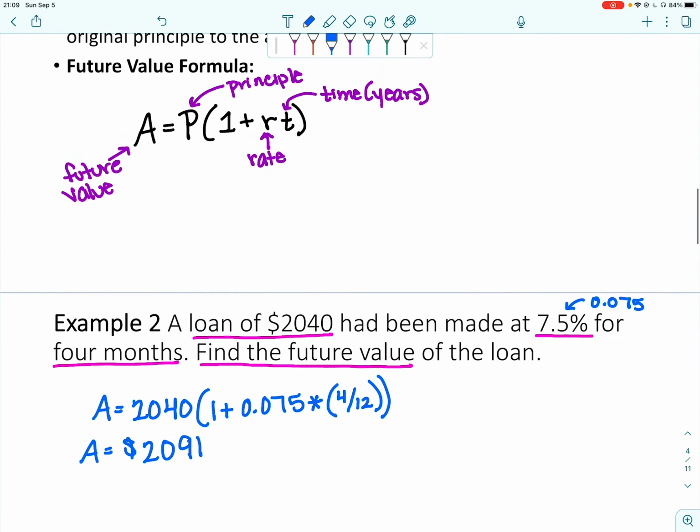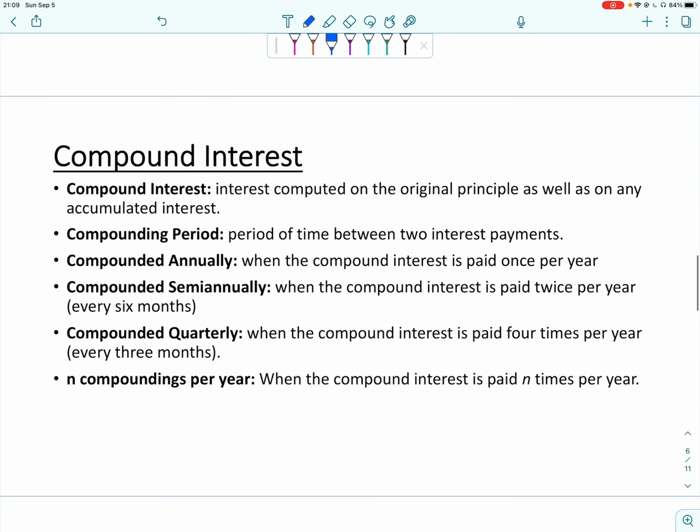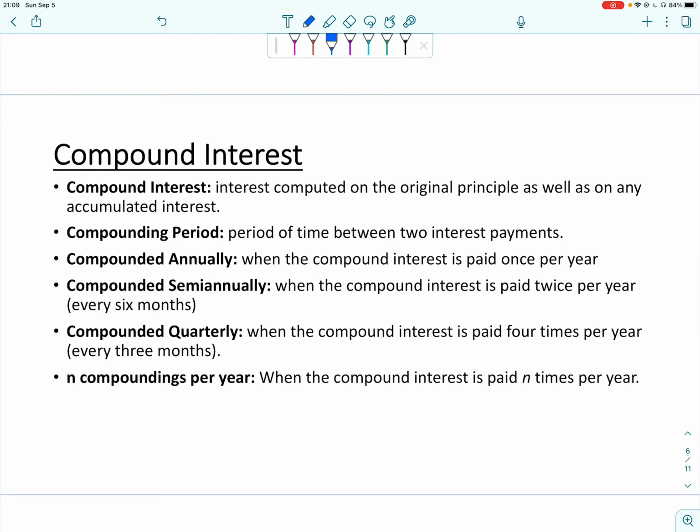So this is simple interest. You don't earn interest very quickly because it's not calculated on anything that you earn along the way. And it's kind of boring. Compound interest is where things get much more interesting, however.